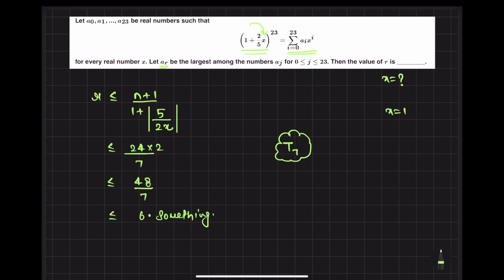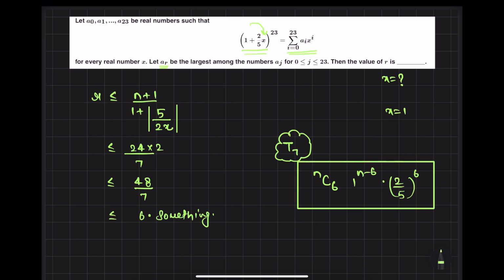It is n c 6, one less than that one. So we will have 1 power n minus 6 and 2 by 5 power 6. So now you can replace n with 23 and this will give you the largest term.